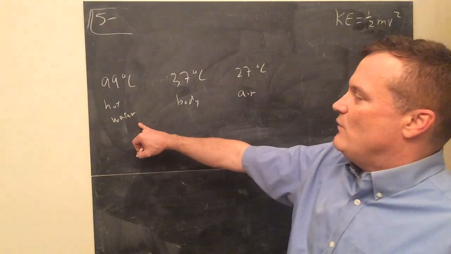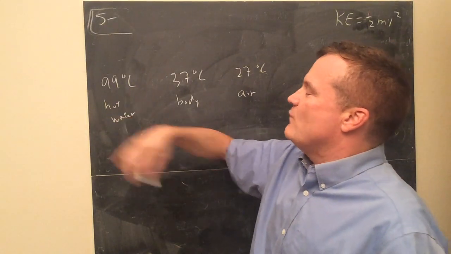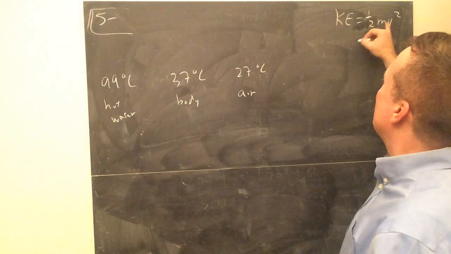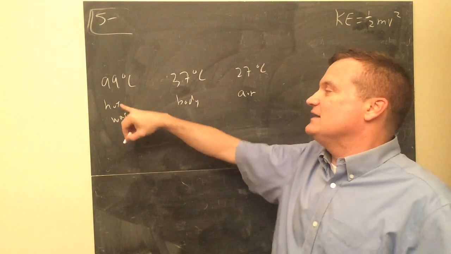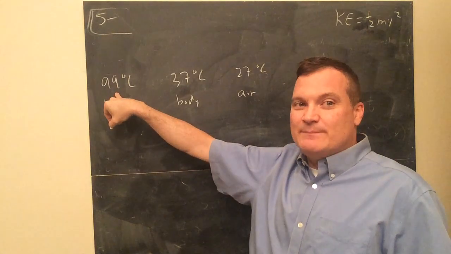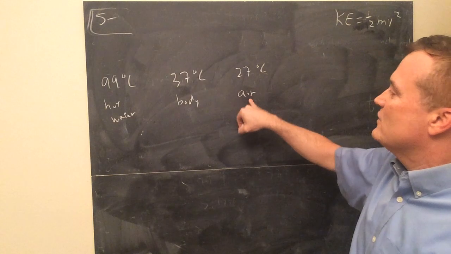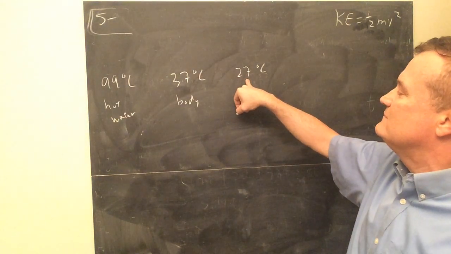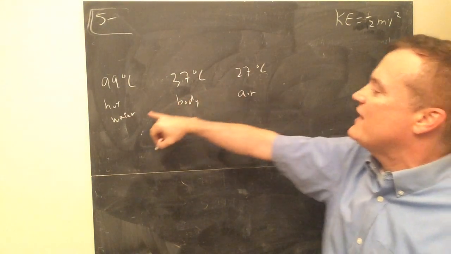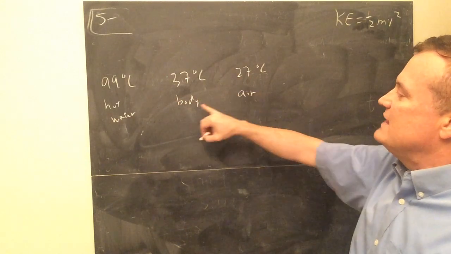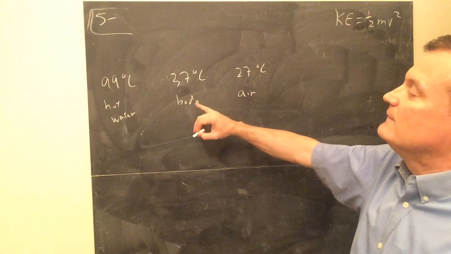It will be in the hot water, because it's a combination of their motion, how fast they're going, and how big the particles are. As they collide, 99 is a way to measure that average energy they have. In the air, 27 would be pretty cool compared to that, so the particles would be going the slowest on average. And in the body, the particles will be moving somewhere in the middle.